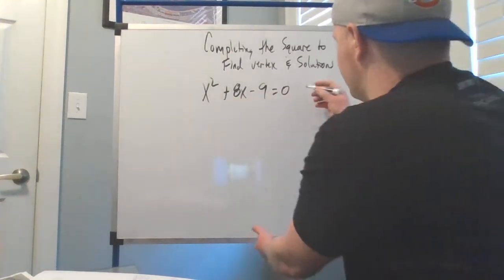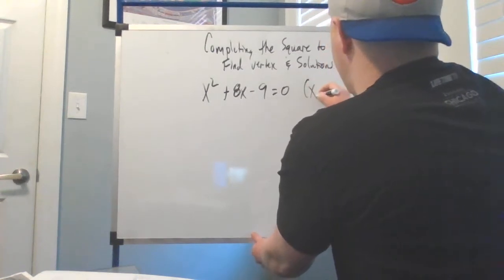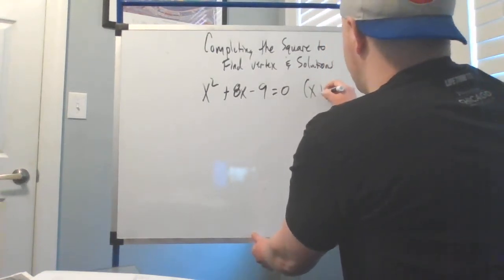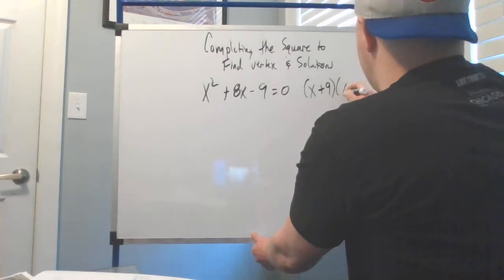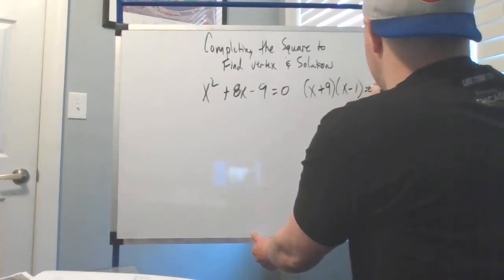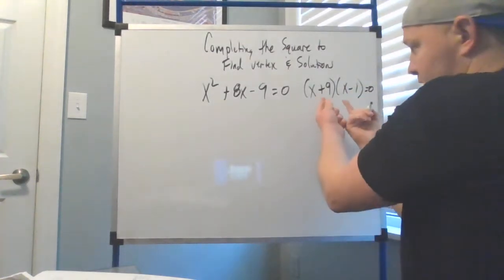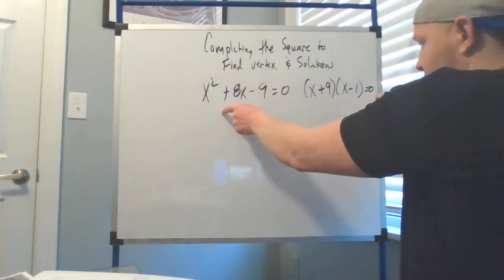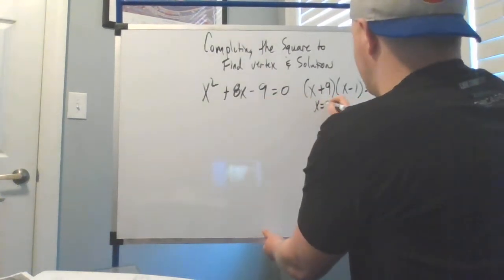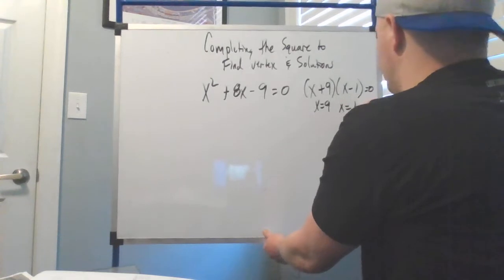So if I were to factor this, I'm going to have x plus 9, x minus 1 equals 0. So I know the solutions, the two answers that make this quadratic equal 0, are x equals negative 9 and x equals 1.